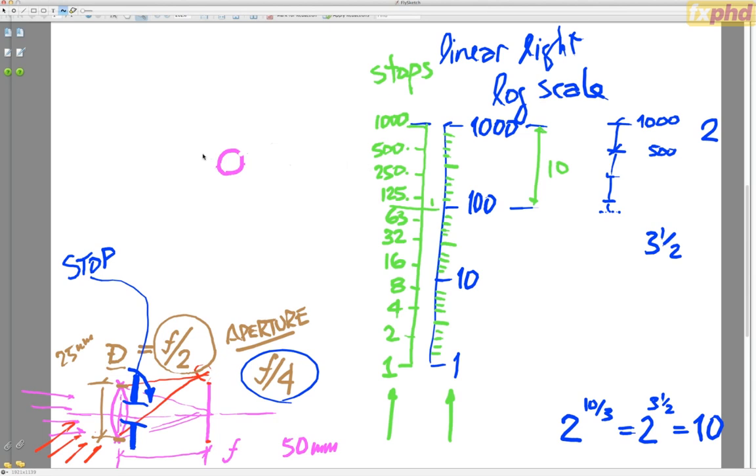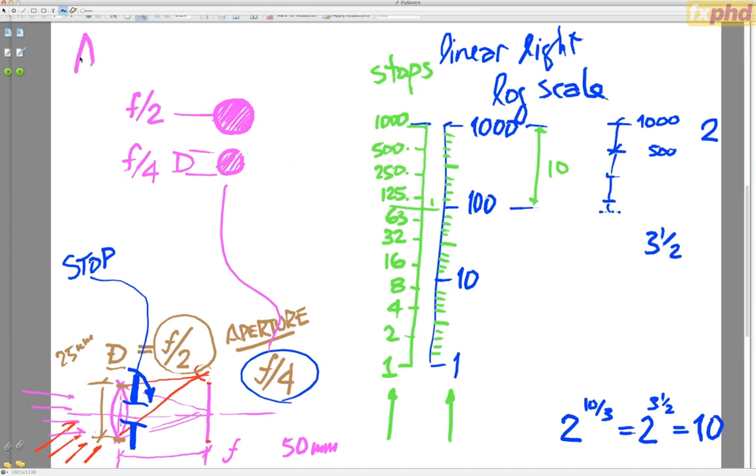So basically, here I'm showing you, we'll just start with this example. This is going to be f over 4, and it's got a certain diameter. Now, obviously, f over 2 has got twice that diameter. However, the amount of light that enters the system is proportional not to the diameter, but to the area.